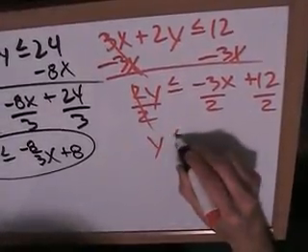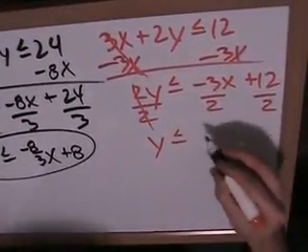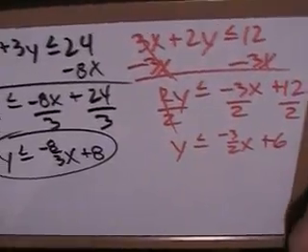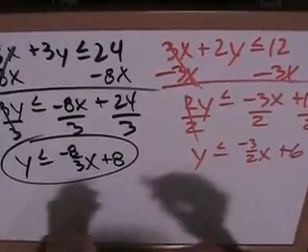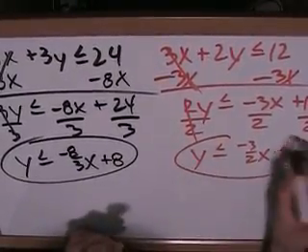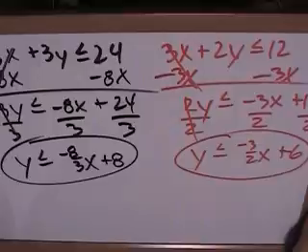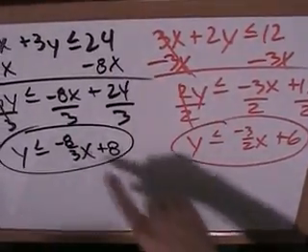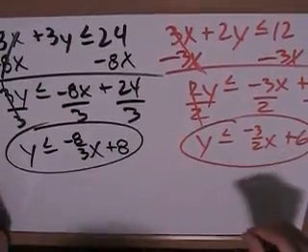Y less than or equal to negative 3 over 2 x plus 6. So this is also ready to graph. Now I'm going to use these two inequalities, open up an x and y axis, and graph.